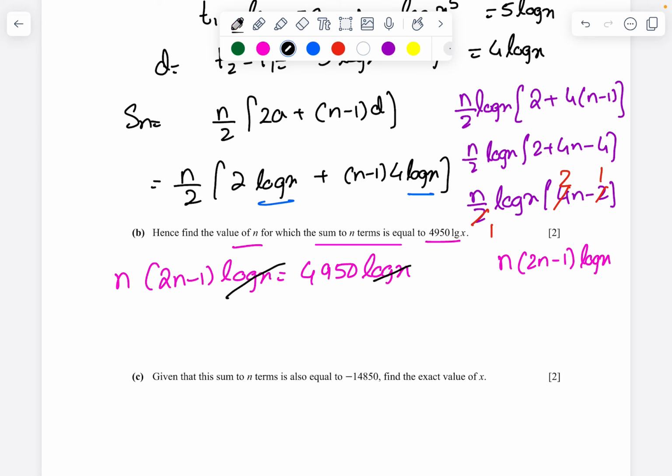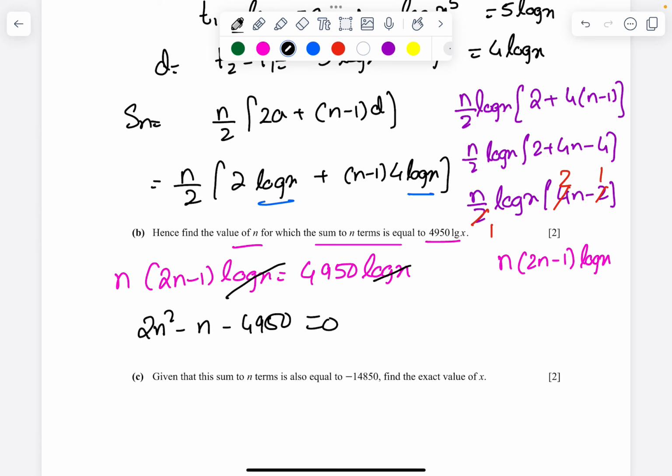Then log x cancels. 2n squared minus n minus 4950 equals 0. Then I'm going to factorize this one, directly writing the factors. 4950 divided by 50 becomes 99.